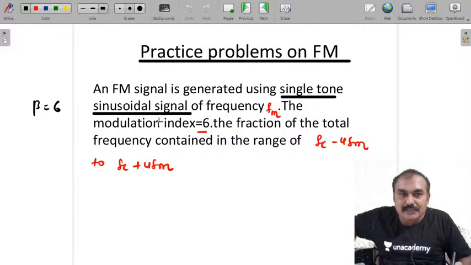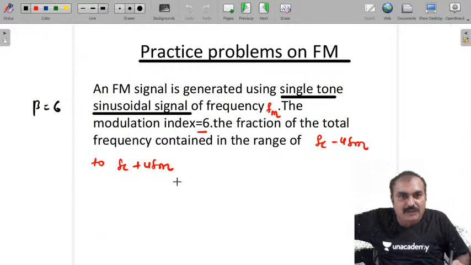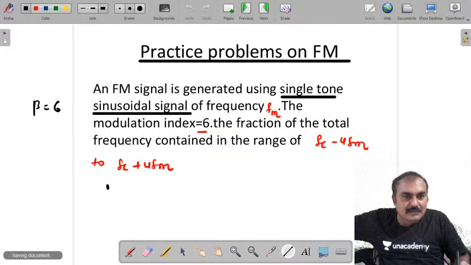His question is, see in this question, this 57.6, how did you get it? Divided by, see, this formula is this one. Here the fraction is asked. The fraction means he is asking the fraction of the total power contained in the range of, he is asking the power in terms of.